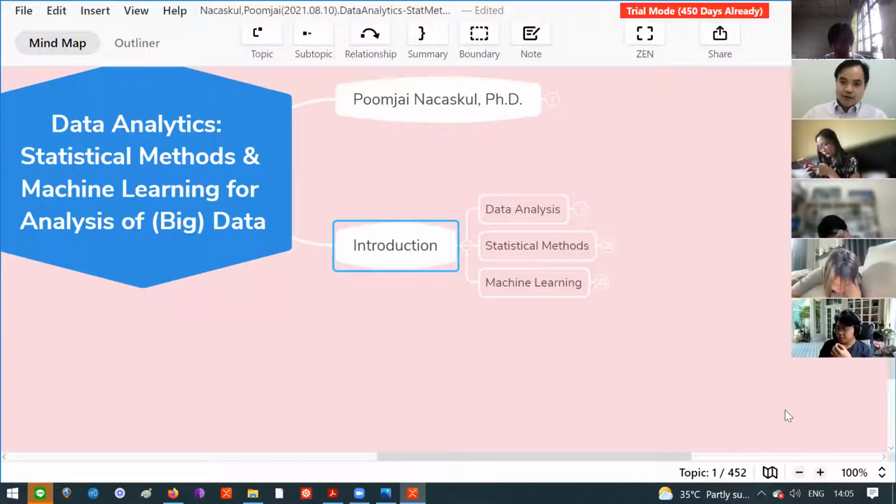There are three aspects to this class. The whole thing is about data analytics, and the tools that are needed are basically statistical methods and machine learning.